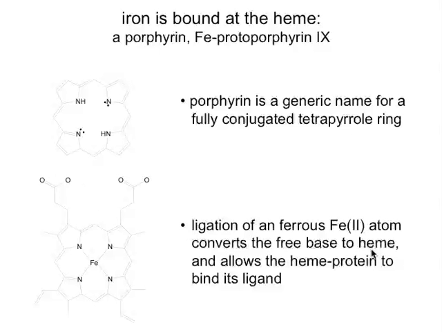We can add a ferrous iron atom right there, converting the free base here to an actual heme. So this is a porphyrin. Now we have a heme, and the heme is free to bind its ligand, oxygen. So here's iron protoporphyrin 9, and you can see that we've decorated the porphyrin with various functional groups.